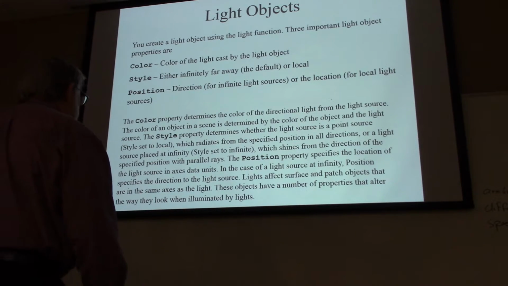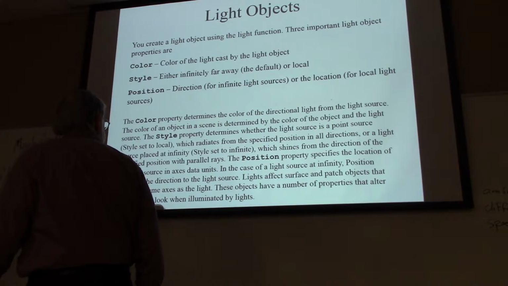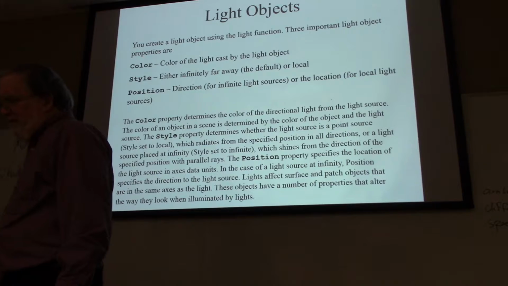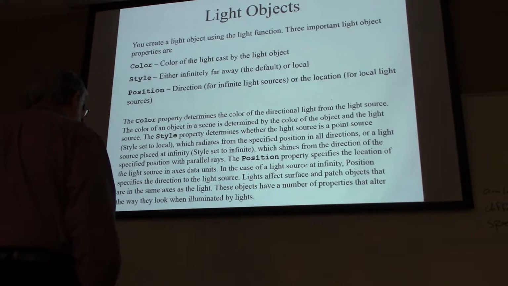They're saying the style is either infinitely far away, the default, or local. I would prefer to think of that as directional source or point source. For directional sources, it's the angle that's important. For point sources, what they're calling local sources, it's the location that's important.